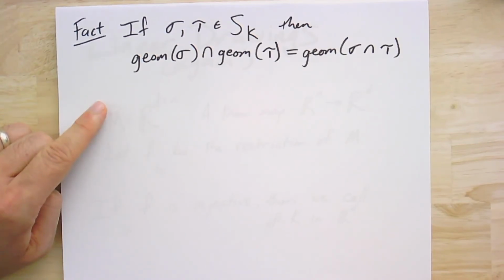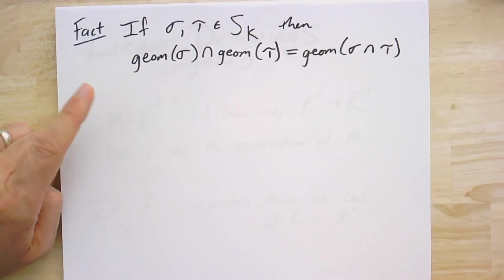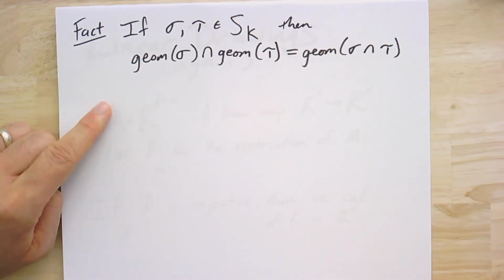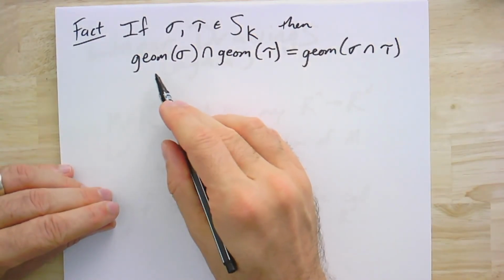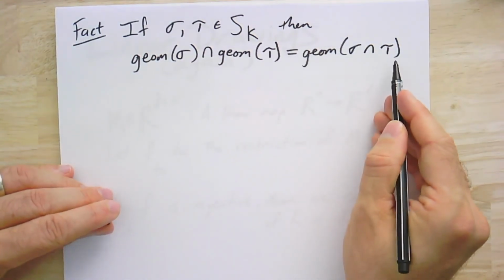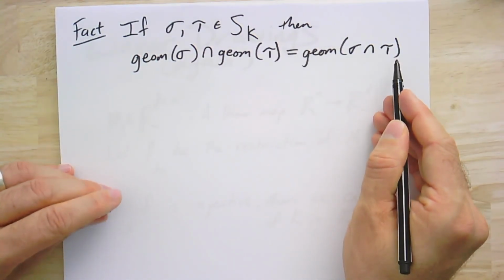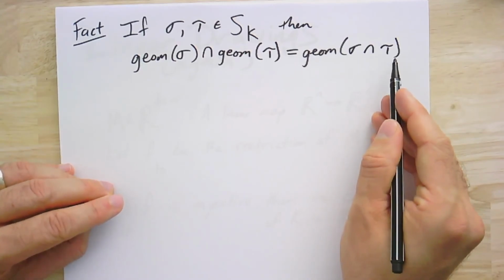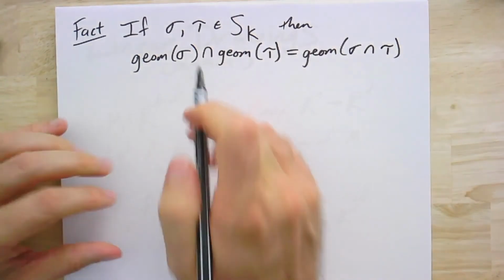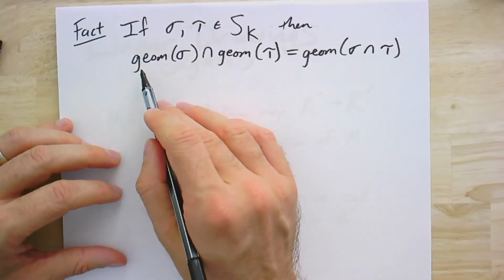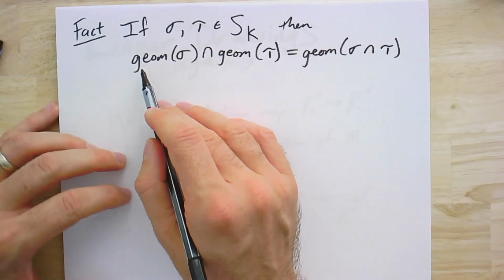One is that it gets us right to the heart of the definitions, and in terms of what this geometric realization looks like as a set of points in Rn, but also because this is the fundamental property which in fact becomes the definition of a certain kind of geometric simplicial complex that gets used extensively in many areas of computing. So this simple property about the intersections of geometric realizations is really important.